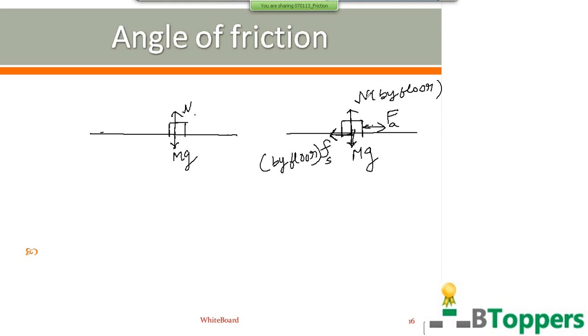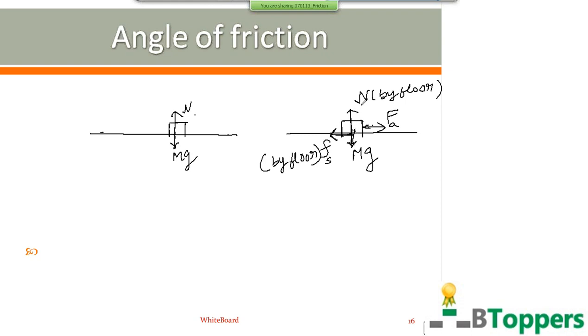You can say it this way, N, the normal reaction, is the vertical component of the force exerted on the block by the floor. Fs, that is the magnitude of static friction, is the horizontal component of the force exerted on the block by the floor.